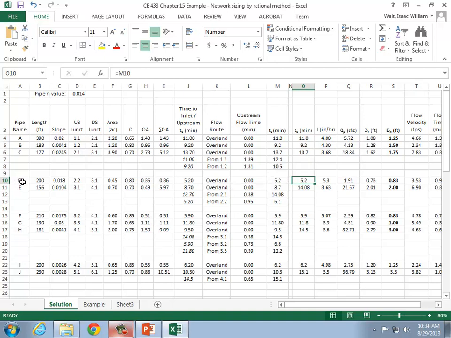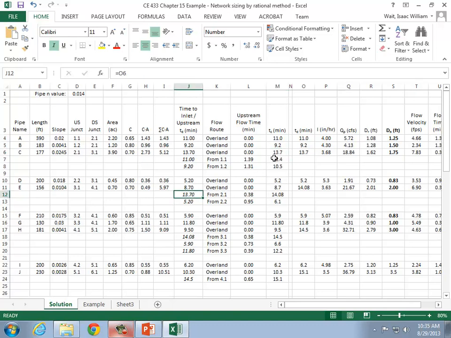Now pipe E has water coming in from 3 different locations. The water coming into pipe E is coming overland via junction 2.1 and via junction 2.2. And so each one of these has a different upstream T sub D. So from 2.1 we take the previous T sub D that was this one, and it drops down to there.